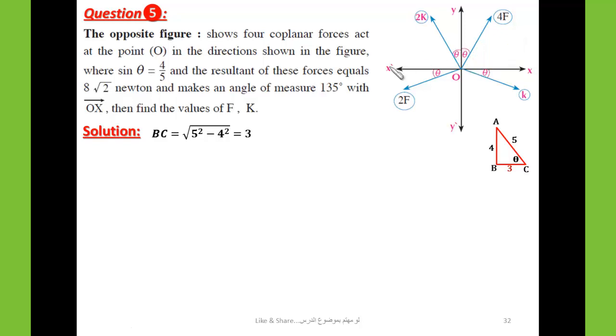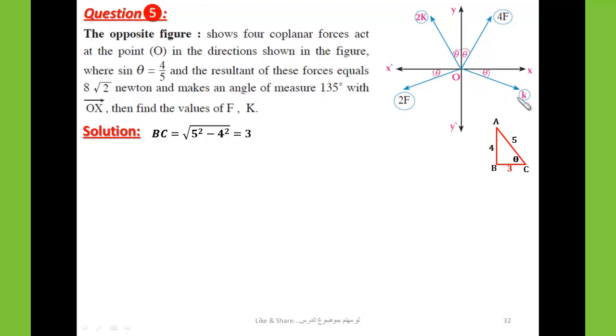The measure of the angle between the line of action of the force of magnitude 2K and the positive direction of the x-axis will be 90 plus theta. The angle between the line of action of the force 2F and OX equals 180 plus theta.